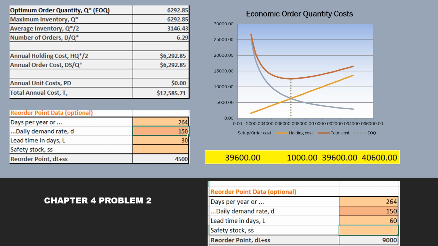Again, look at the graph. At that point, that is the lowest cost for our inventory, and that is at EOQ. The next question is once a year only, so 39,600 units. Our inventory cost will be 40,600.